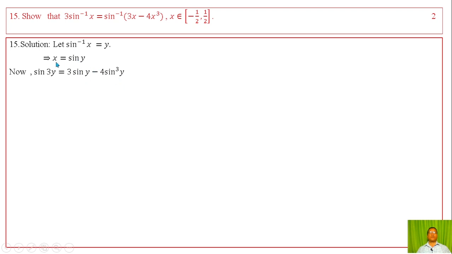Sine y is already found to be x, so this is equal to 3x minus 4x cube. Next, transferring sine to the right side, we have 3y equal to sine inverse of this expression, but y is originally equal to sine inverse of x. This must be cancelled.